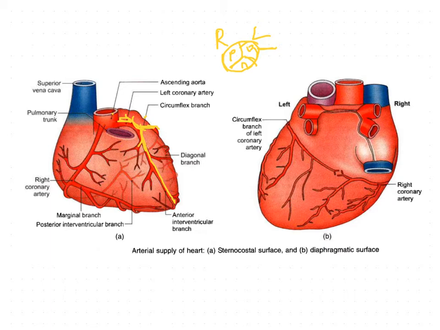It winds round the left border of the heart. Here you can see the left border of the heart. Yes, it winds around the left border of the heart and continues into the left posterior coronary sulcus up to the posterior interventricular groove, where it terminates by anastomosing with the right coronary artery.